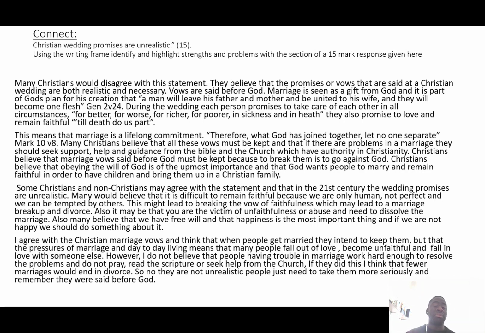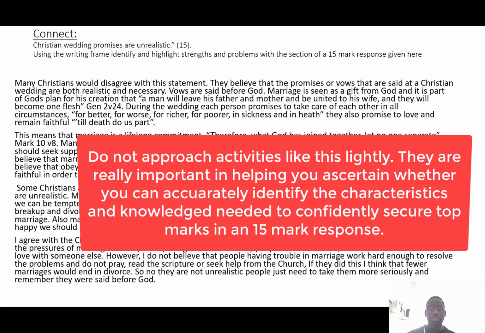But if you're able to look at something like this and say, yeah, that's 15 marks, and I give it 15 marks as well, then that's brilliant, because it means you know exactly what a response should entail, the knowledge it needs to have, and also the skill, expertise and development. You know how to write it out.